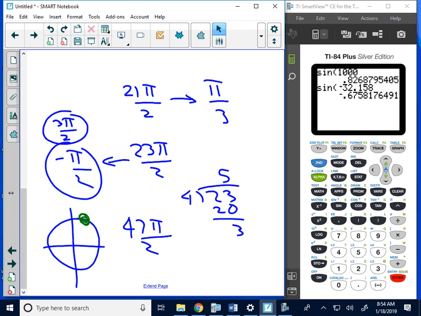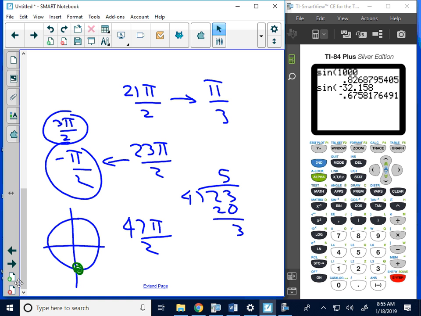If I said, show me 3 pi over 2, there's 1 pi over 2, 2 pi's over 2, 3 pi's over 2. And if I said, show me where negative pi over 2 is, you end up at the same spot, right?